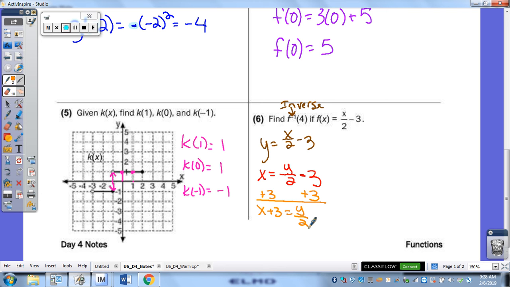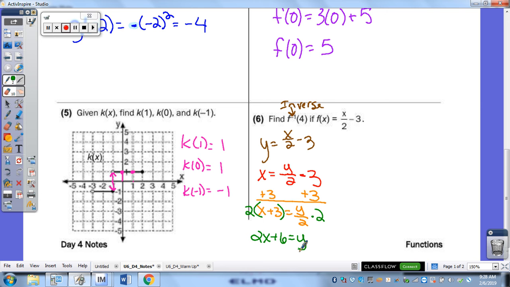When you got y over 2, that means we're really dividing by 2. So the opposite of division would be to multiply by 2. And you got to remember to multiply everything by 2. I would get 2x plus 6 equals y.